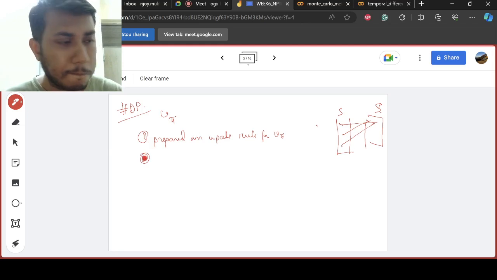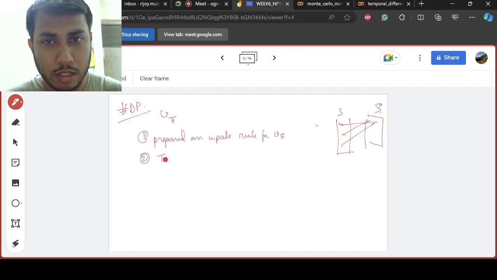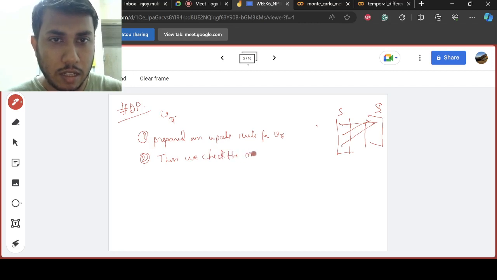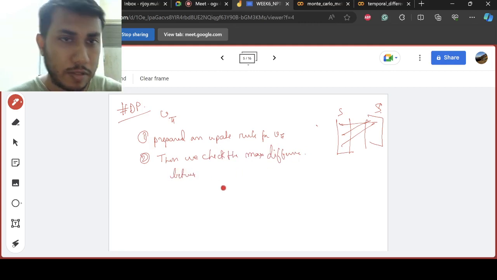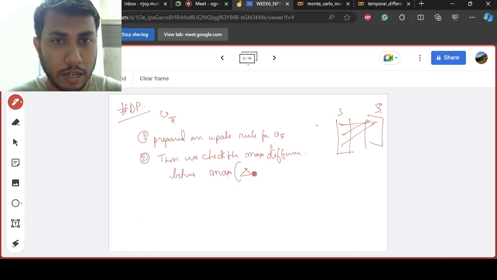Then we did, what we did. Then we check the max difference between some, what was the max of delta comma v dash s comma vs, right?